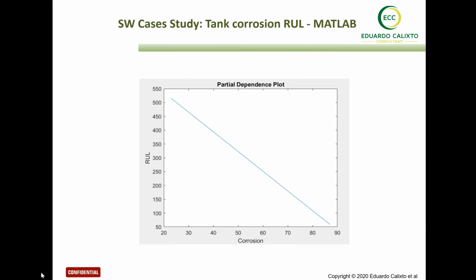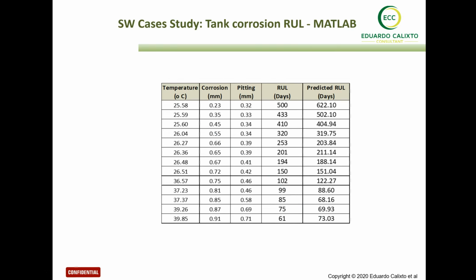So the final solution is a regression model that enables us to predict the remaining useful life based on the corrosion thickness increasing along the time. That's the main objective of our case study, and we are demonstrating that in a practical case study by using the MATLAB software.